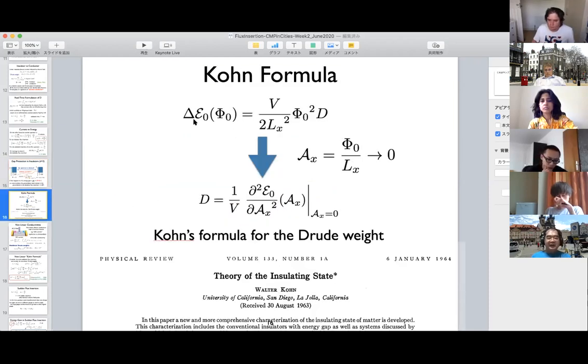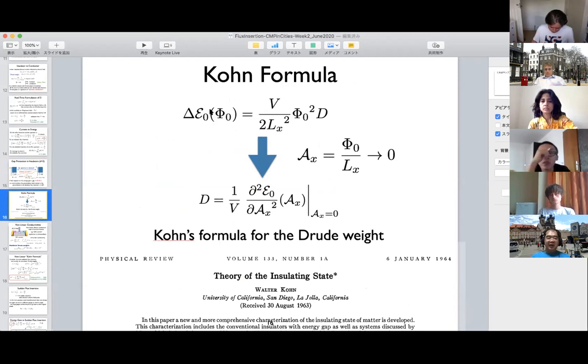And this is the formula I derived using the insertion of a unit flux quantum with periodic boundary condition, or torus. But if you go to very large system size, then the vector potential is the unit flux quantum divided by the length of the system in the x direction. So this goes to 0.